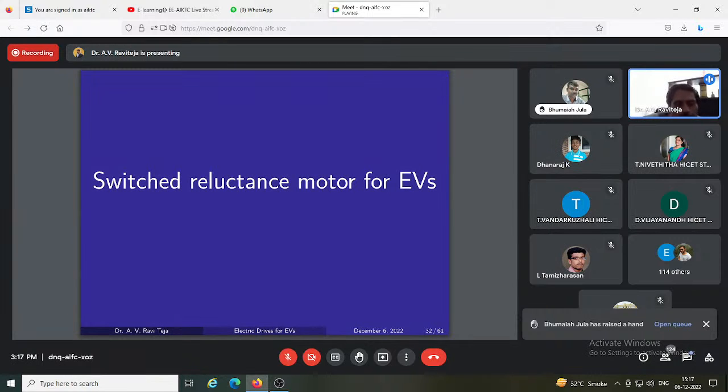But if you try to buy one now, they seem costly because there are very few manufacturers of switched reluctance motors, so they have to specially make the motor for you. But cost-wise or material-wise, the switched reluctance motor is supposed to be cheaper than the induction motor.